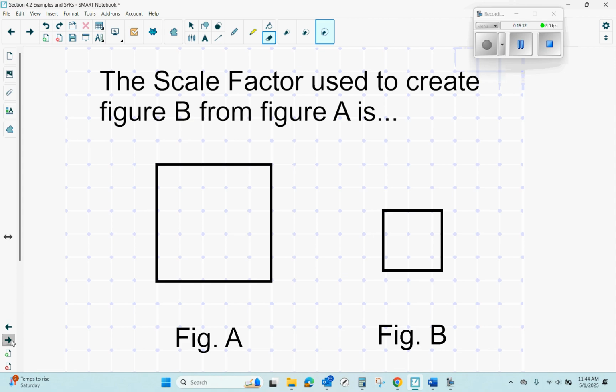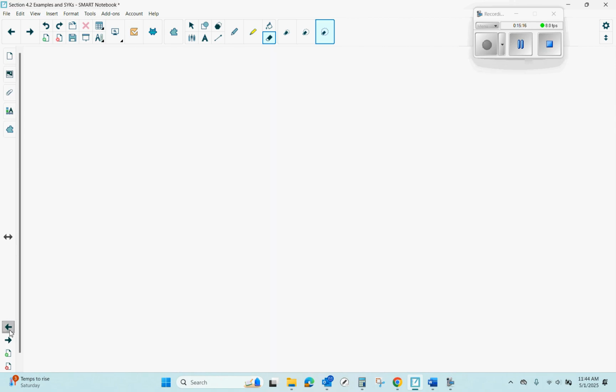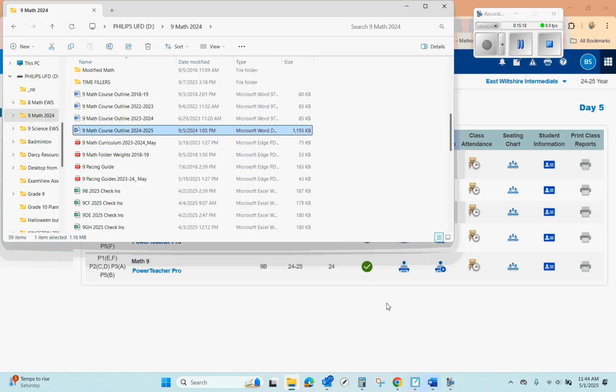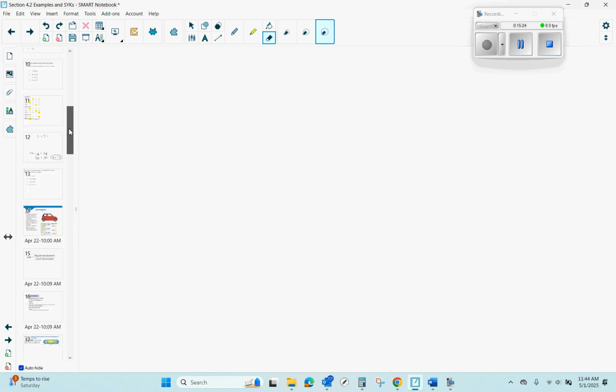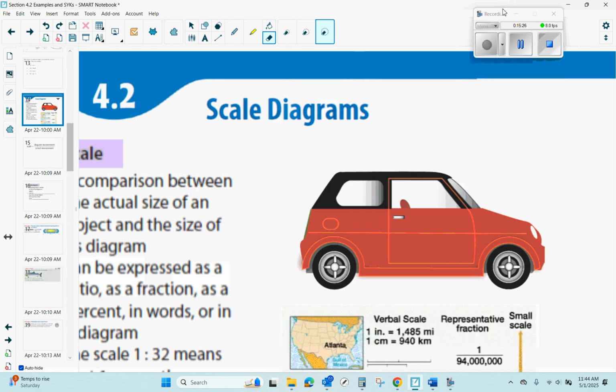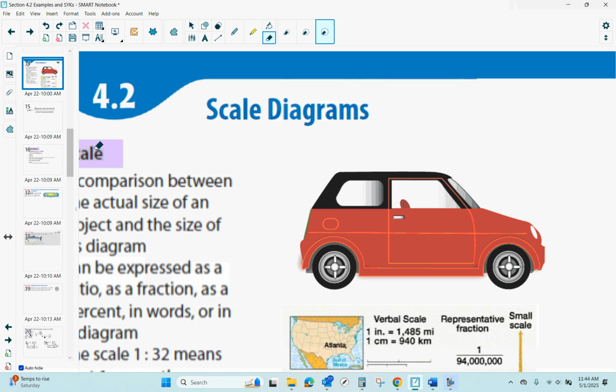So my 9Bs really need to see these examples. So 9Bs, you should have another sheet with some 4.2 examples. Okay, and this is what you're going to practice today.